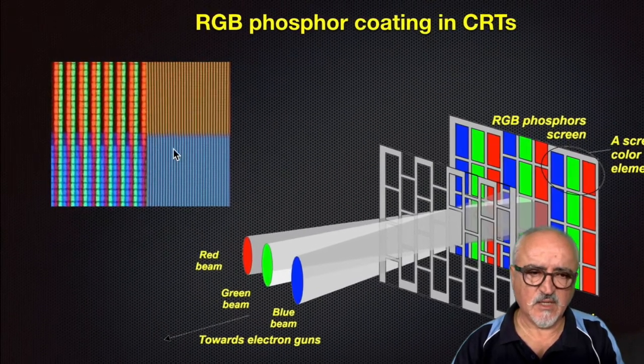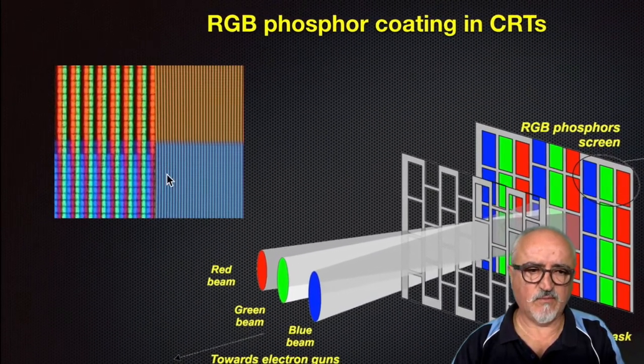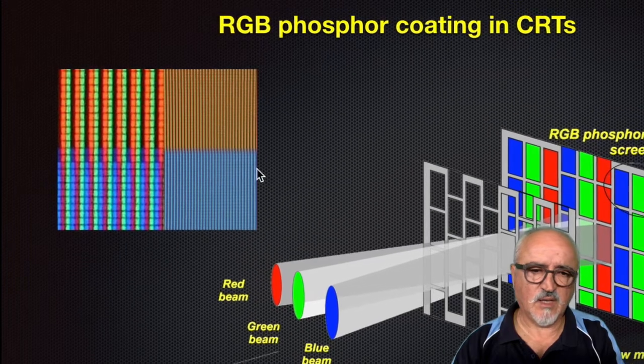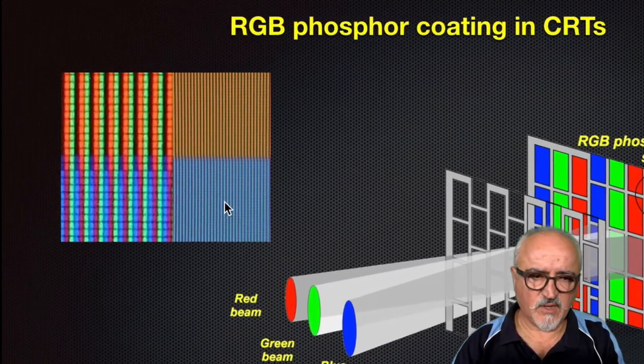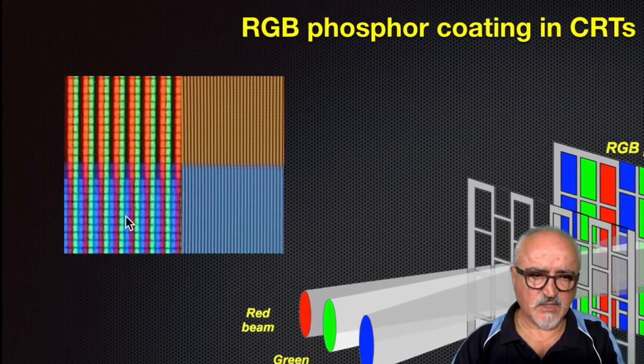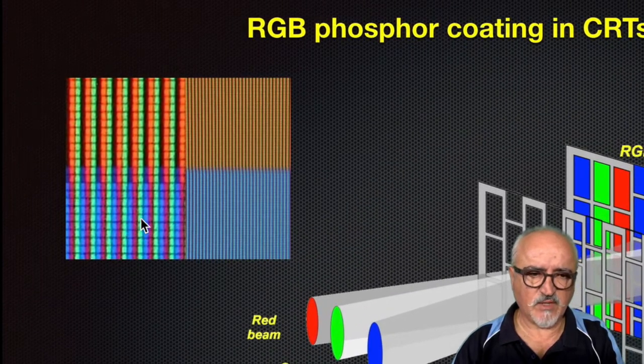So you can see that even though this screen from a very big distance may look light bluish, when you magnify it and come close to it, you will see that it is actually reproduced by having all red, green, and blue lit more or less with the same intensity, so that from a distance that looks whitish.